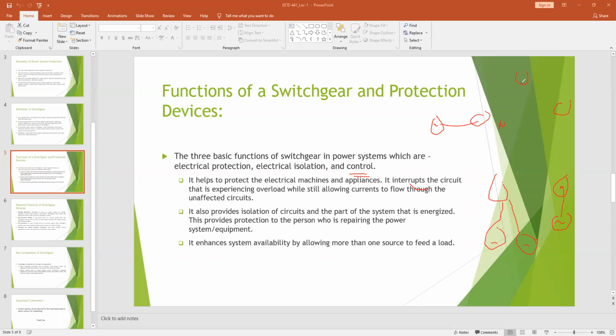So what happens now if, due to some reason, one generator or both generators go out of order? Now what will happen to the consumers? Will consumers get power or not? No power, sir. The consumers will get no power, isn't it?